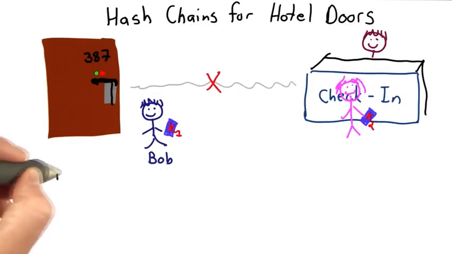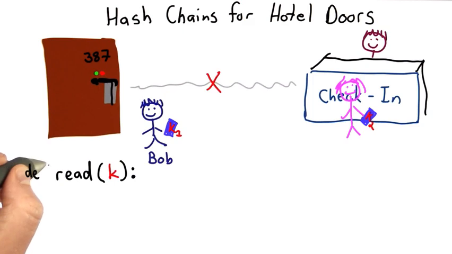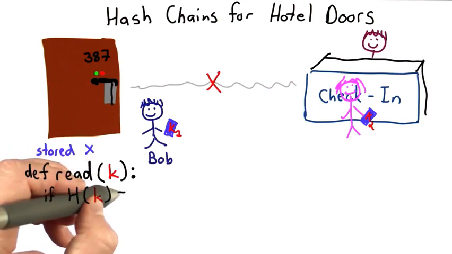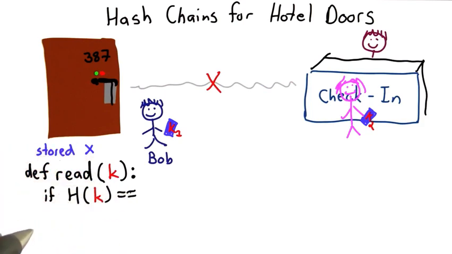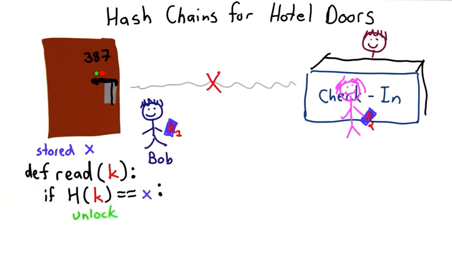What the door will do is, when it reads a card, and I'll write this in sort of Pythonish code, the door will have some stored value x. It checks if the value of hashing that key is equal to x, the stored value. If it is, the door will unlock and everything's good. We open the door with the correct key.